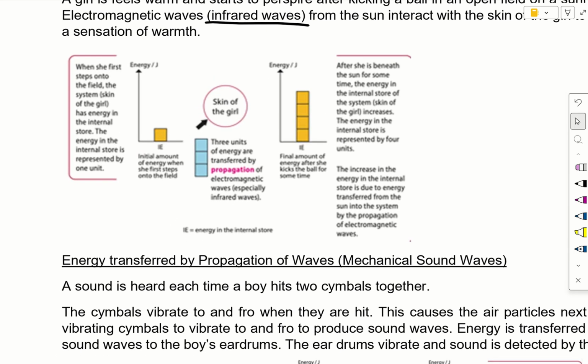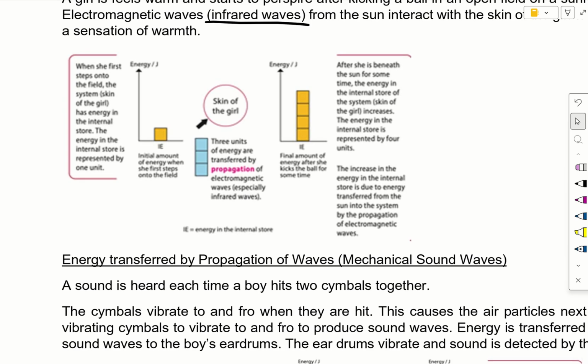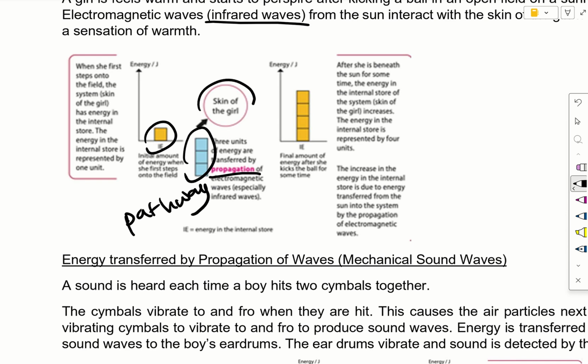When the girl first steps onto the field, the system, which is the girl, has energy in the internal store. Again, we just use one unit. And depending on whether it's cloudy or not, we have 3 units of energy being transferred by propagation of electromagnetic waves. So this is the pathway, and this is being transferred to the internal store of the girl. As a result, the girl will have 4 units.